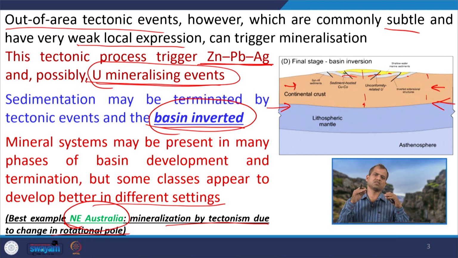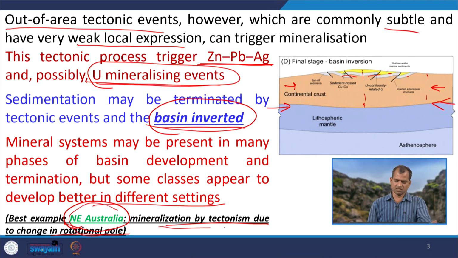But once there is a change of motion, there will be a disturbance within the equilibrium system. So, there may be magmatism, there may be change in pressure, there may be change in temperature. That is why mineralization occurs. So, that is the mineralization occurring with rotational pole change, which is best studied in the Northeast Australian province.